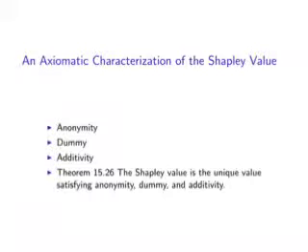The above theorem, whose proof is omitted here, is an example of the axiomatic method in economic theory, whose goal is to find or prove the non-existence of solution concepts that satisfy certain sets of desirable axioms, or to characterize solution concepts in terms of the axioms they satisfy.